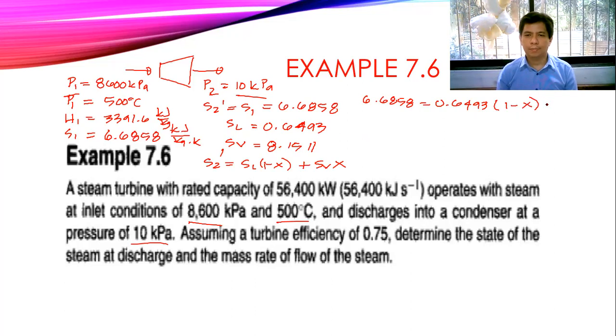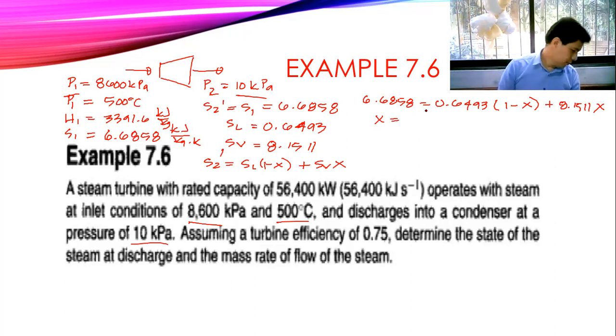Tapos plus 8.1511 times X. So solve X. You're supposed to get something like 0.9377.